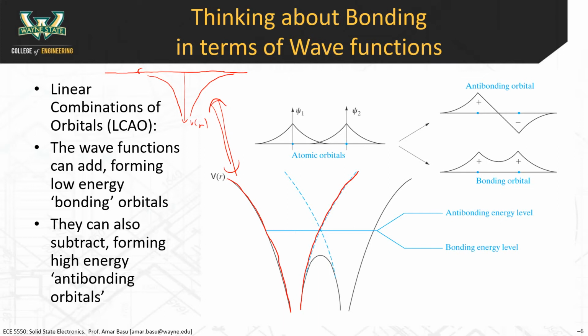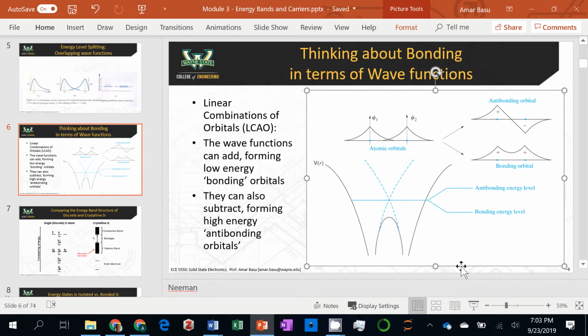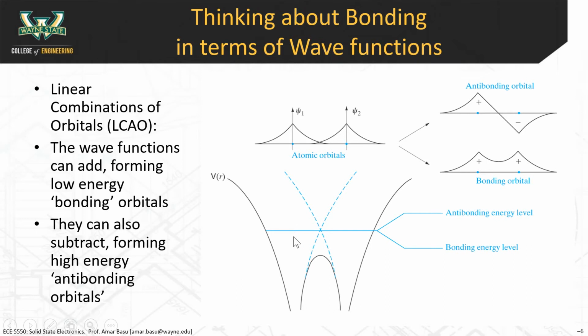When you start bringing two atoms close to each other, then these potential fields actually superimpose on each other. They can actually add up. That's why they call them linear combinations.